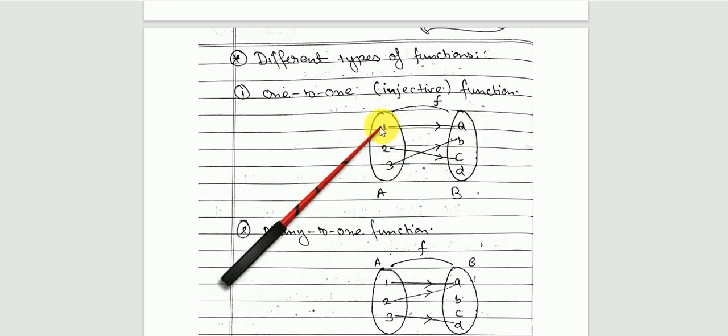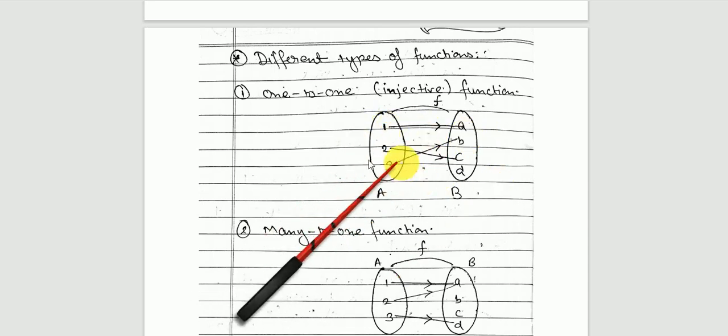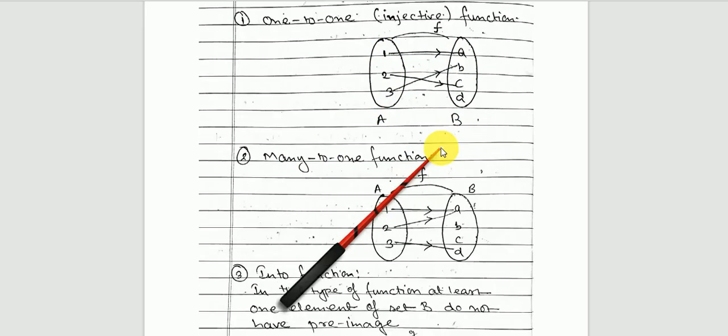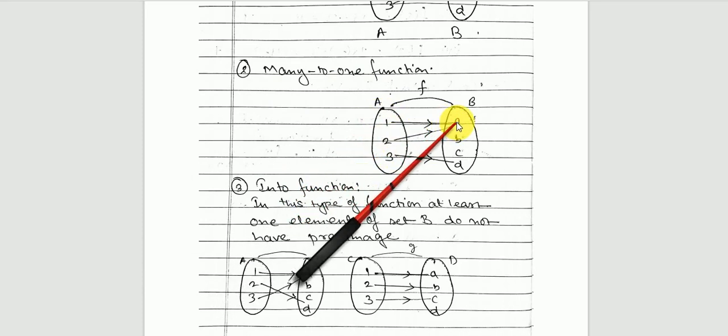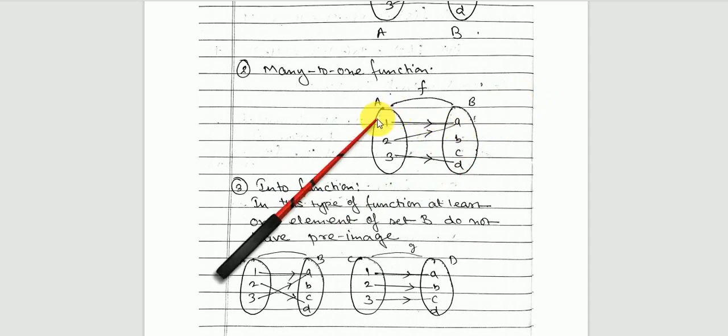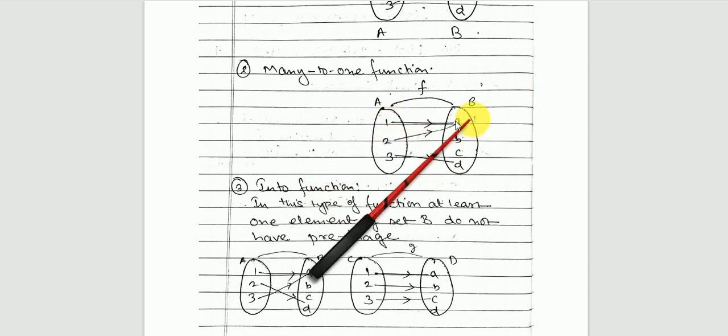Like here you can see no two elements have the same image, all have different images. So this type of function is called one-one. Many to one means you'll find at least two elements which have the same image. That's why many to one, because more than one element is going to a single element in B.